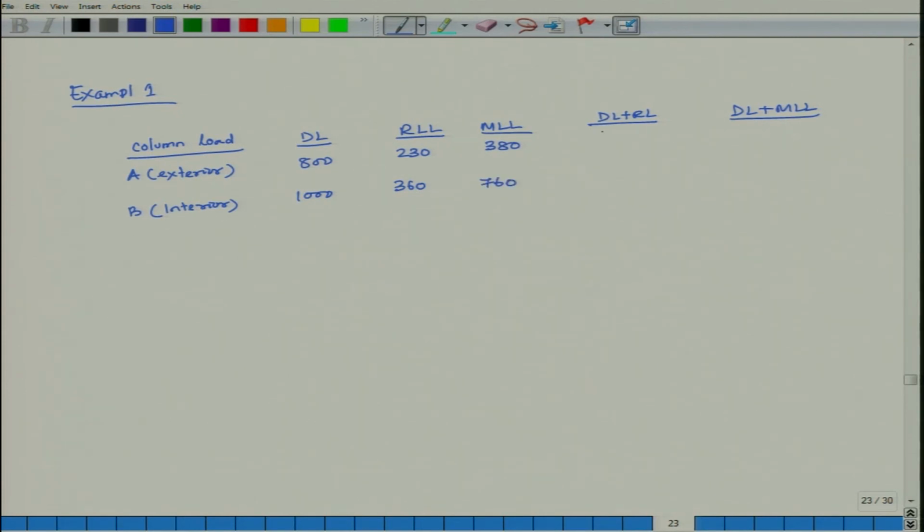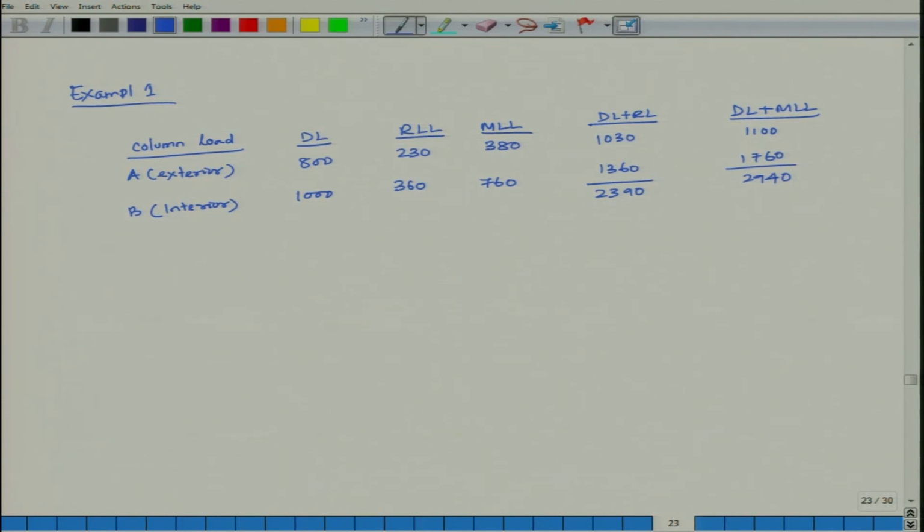Then 1030 and 1360, total is 2390 kilonewton. Then 1100 and 1760, total is 2940.